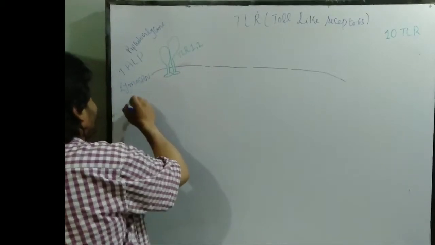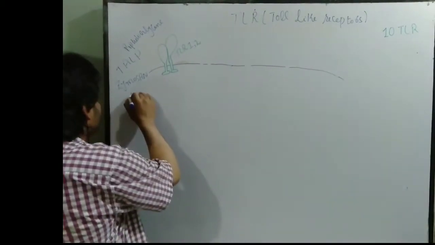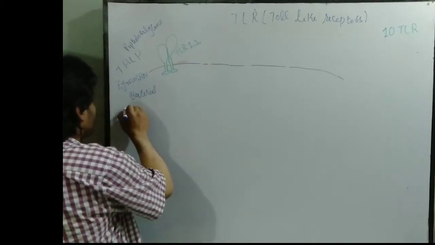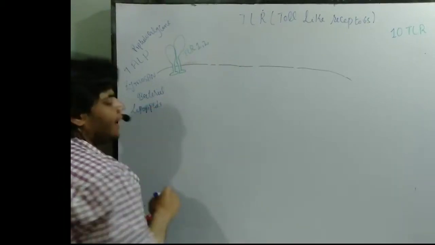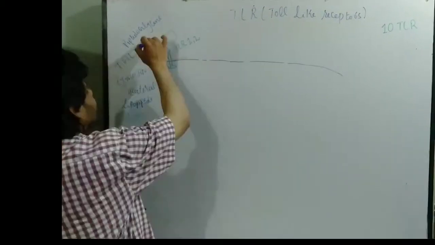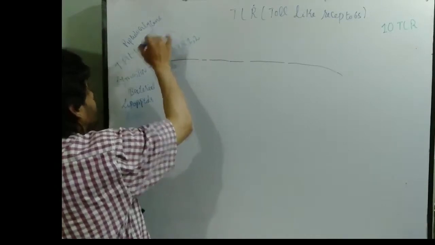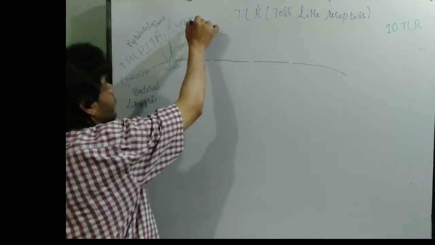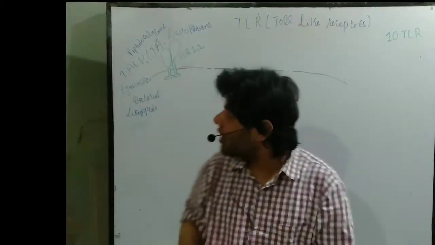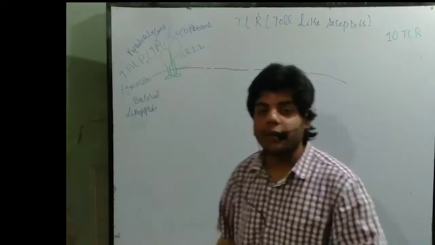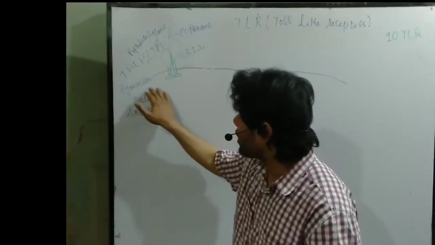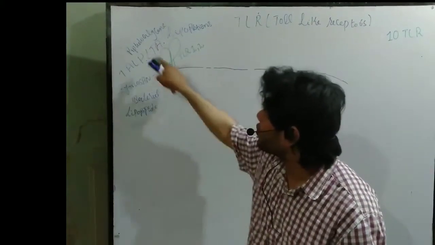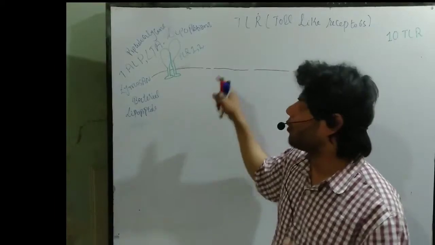And they also detect bacterial lipopeptides, lipoteichoic acid, and lipoproteins. These are the surface molecules that are present. Zymosans are usually present on the fungal cell. So toll-like receptors 1 and 2 detect these kinds of surface molecules.